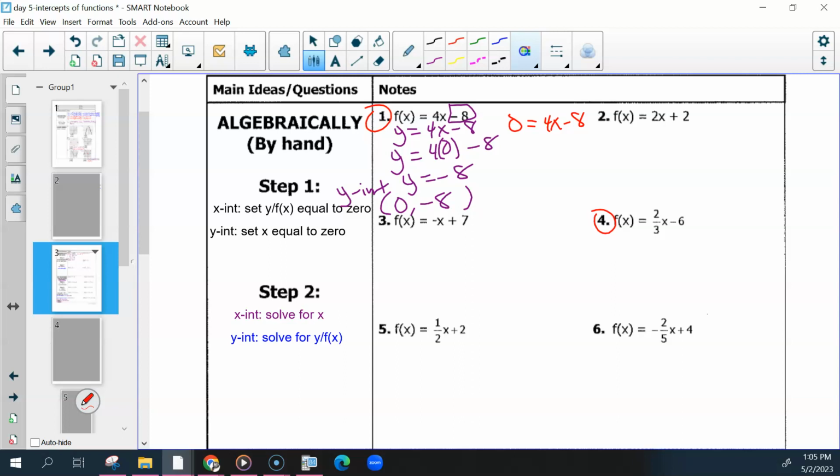Add 8, and divide both sides by 4. So 2 was right. So it'll be 2, 0. We don't put those together, they're 2 separate things.